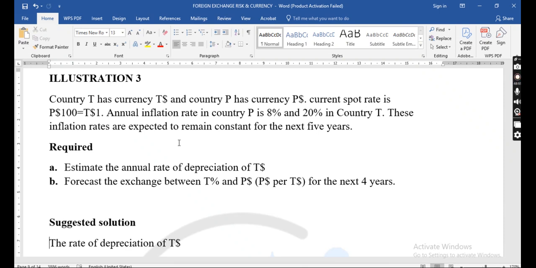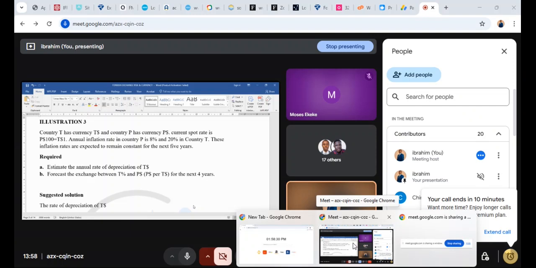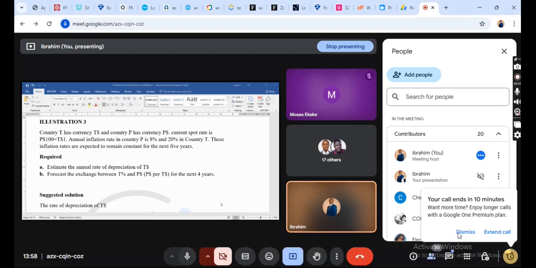Okay, my reason is that this appears like an indirect quote. If you check, country T is 1, then the other one is 100. It appears like an indirect quote. Okay. Any other person? Hello? Are we still together?